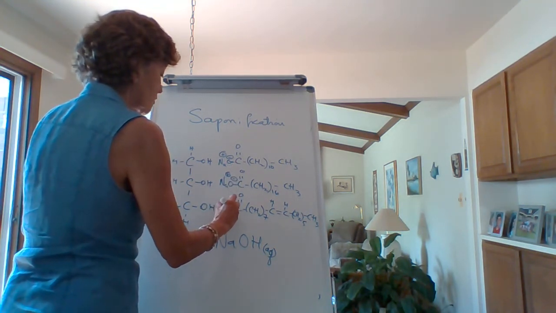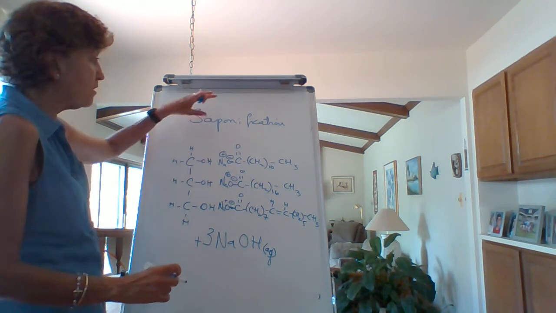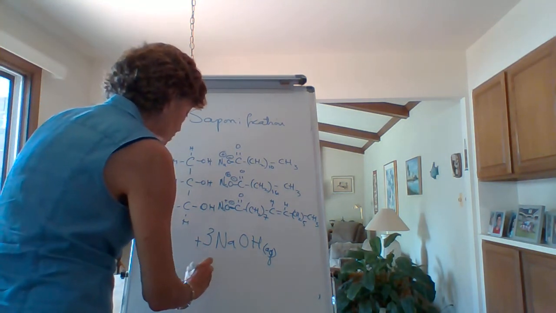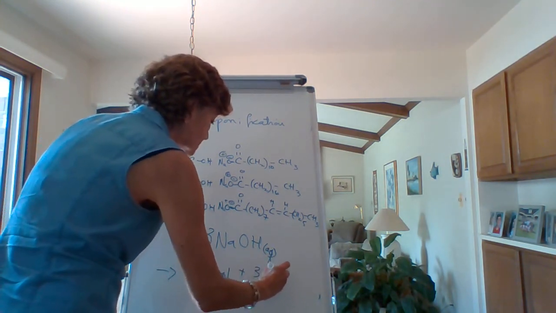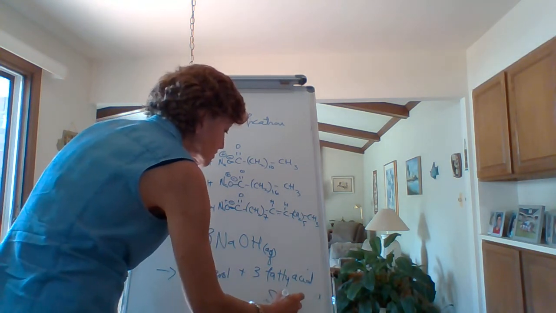Okay, here we go, O minus, sodium plus. So you have 3 fatty acid salts. So the result of saponification, you end up with glycerol plus 3 fatty acid salts.